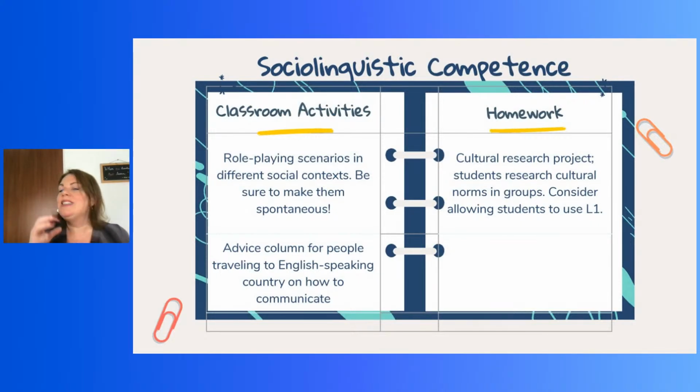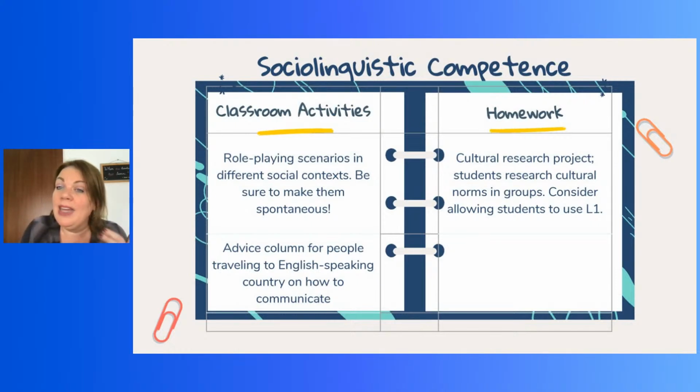But if they're still developing that, it's okay sometimes to use what we call translanguaging, where we use the first language just for strategic things, right? Before we thought only English, only the second language, no first language, period. But now we're reconsidering that notion and we say it's okay to use the first language for specific things.